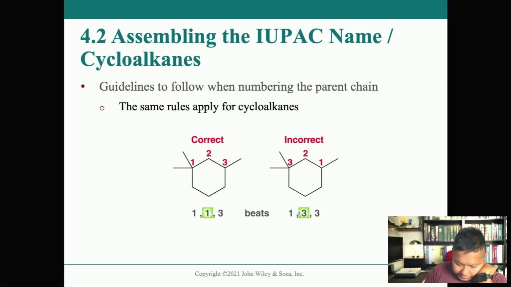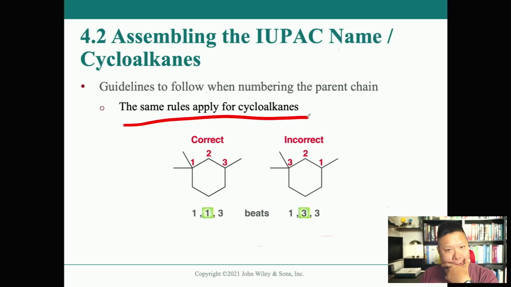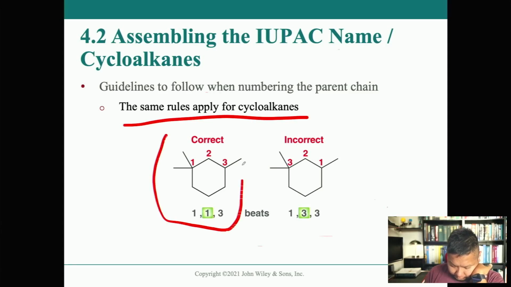Then the same rules apply to cycloalkanes, right? Here we have the correct version because, right, we have the 1, 2, 3, and the first carbon has 2 substituents, right? And the third carbon has 1 substituent, right?